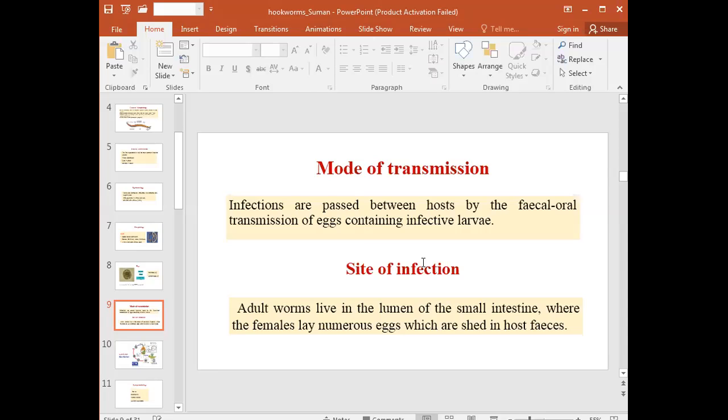And infections are particularly prevalent in countries where night soil, that is human feces, is used to fertilize vegetable crops. It is estimated that almost one-fourth of the world's population may be infected.